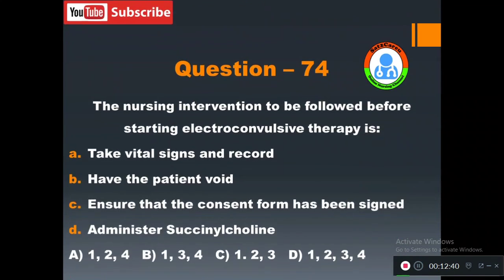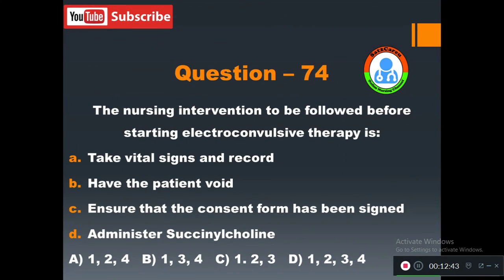Question number 74. The nursing intervention to be followed before starting electroconvulsive therapy is... Here we have two types of options. First, we list down the options. A. Take vital signs and record. B. Have the patient void. C. Ensure that the consent form has been signed. And D. Administer succinylcholine. Among the four options, you just prioritize according to the numbers.